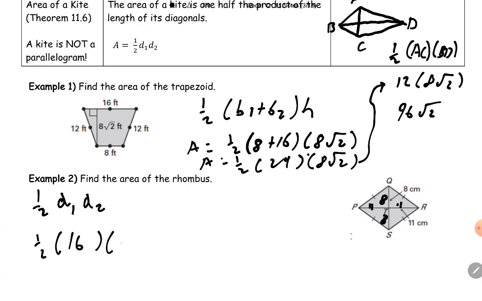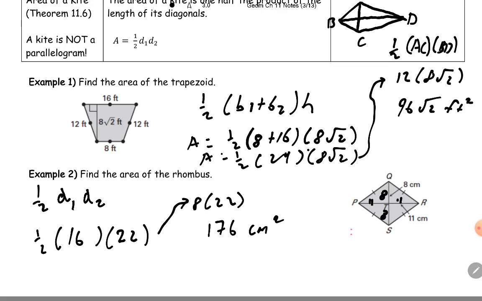Diagonal 2, 11 plus 11 is 22. Which will give me 8 times 22, which is 176 square centimeters. This last one would be square feet. Don't forget your units.